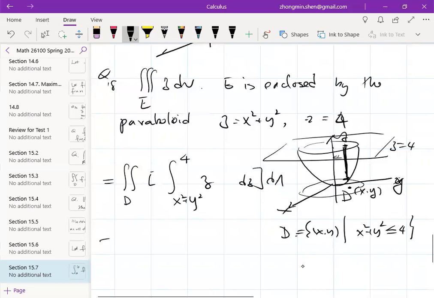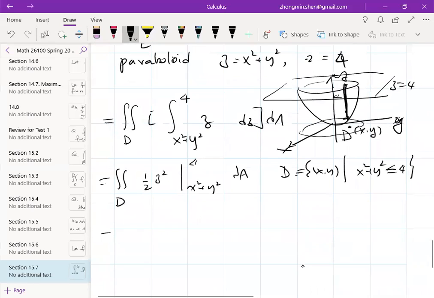Then you evaluate: it's half of z squared evaluated at the two endpoints, then dA. When z equals 4, you get 16, divided by 2 is 8, minus half of x squared plus y squared, dA.